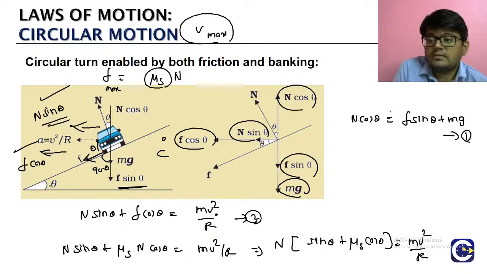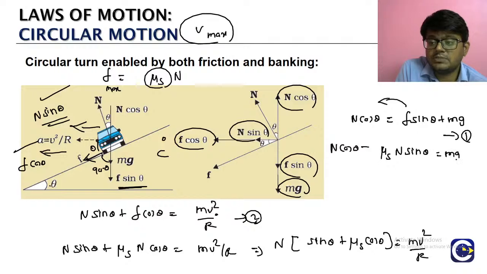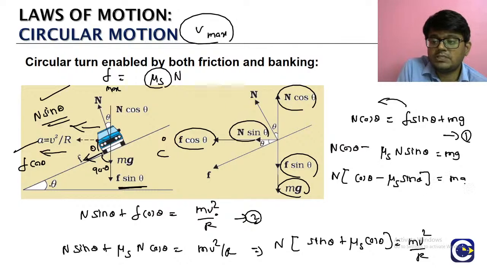Now here we will bring this to the left side. N cos theta minus f will be mu s into n sin theta, is equal to mg. Here also we will take n common out. Cos theta minus mu s into sin theta, that is equal to mg. Maybe we can call them equation 3 and equation 4.